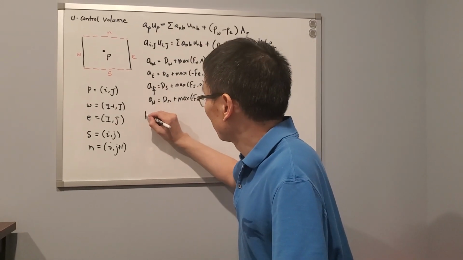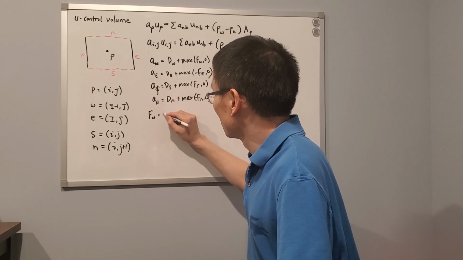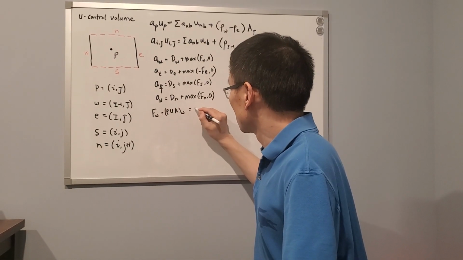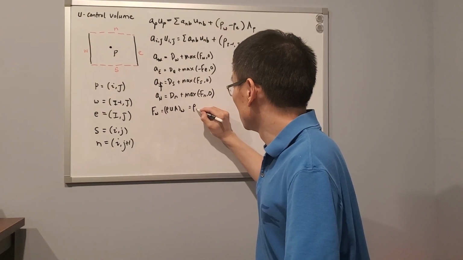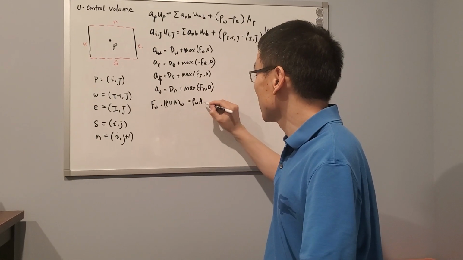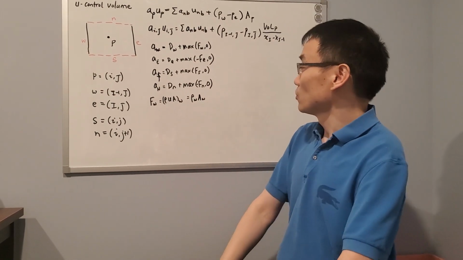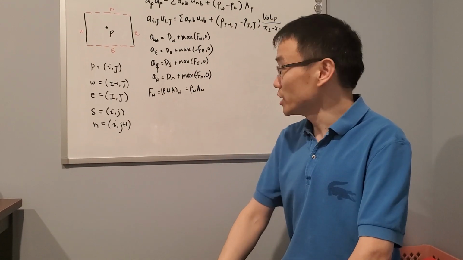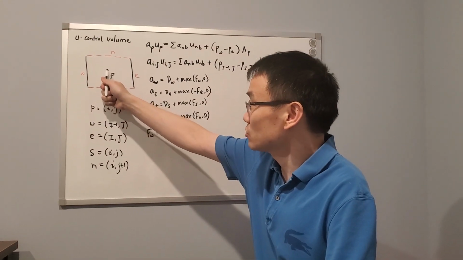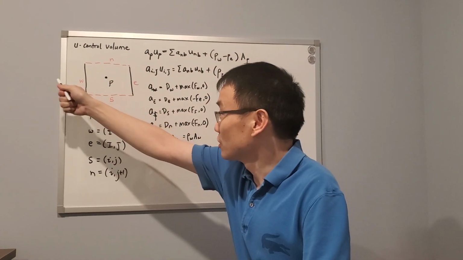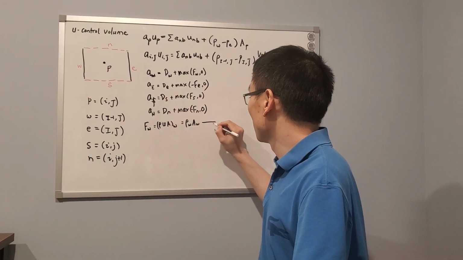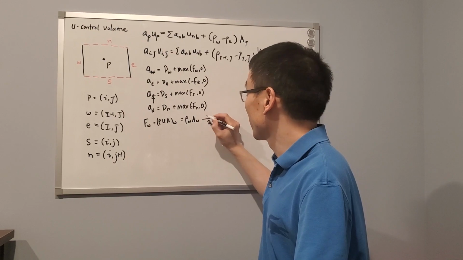So let's start from FW. FW is rho U A W. Suppose rho is a constant and A W can be easily computed if we use a uniform grid. Then we can compute UW. We have a cell-centered value here, and a cell-centered value on the left, but we don't really know the value on the W face, so we do an average.